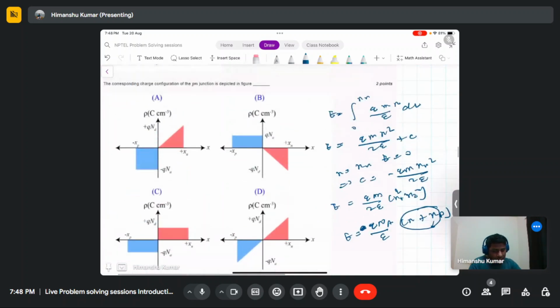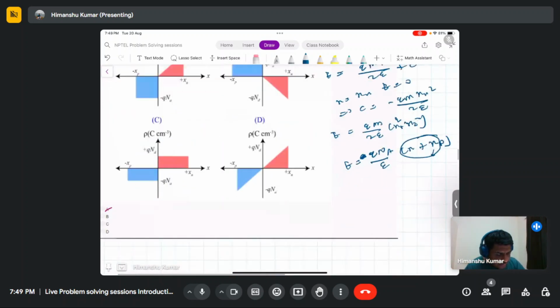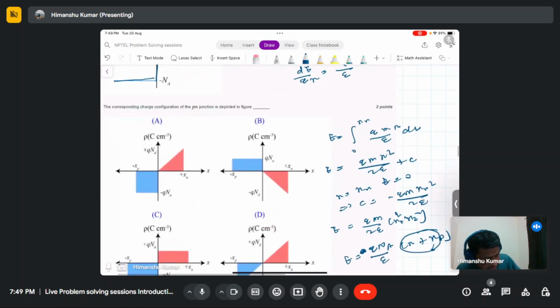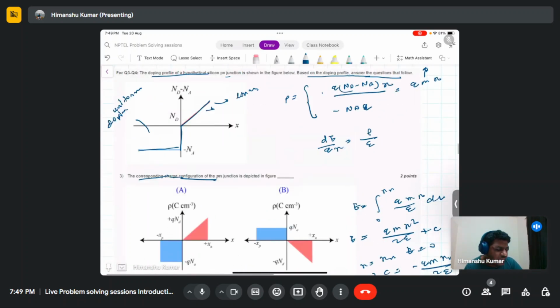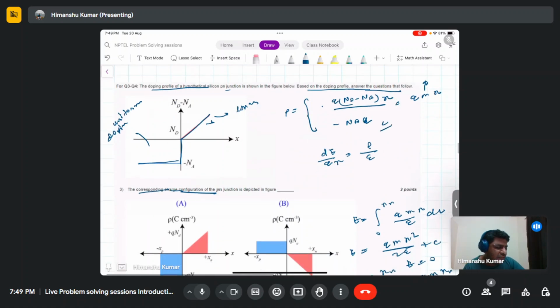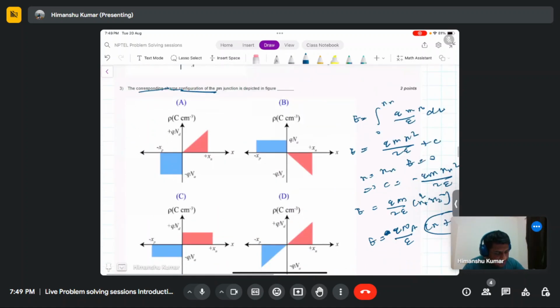So the first question asks to plot the charge profile. Because this side is uniformly doped, the charge on the p side is negative, so the option showing negative is wrong.